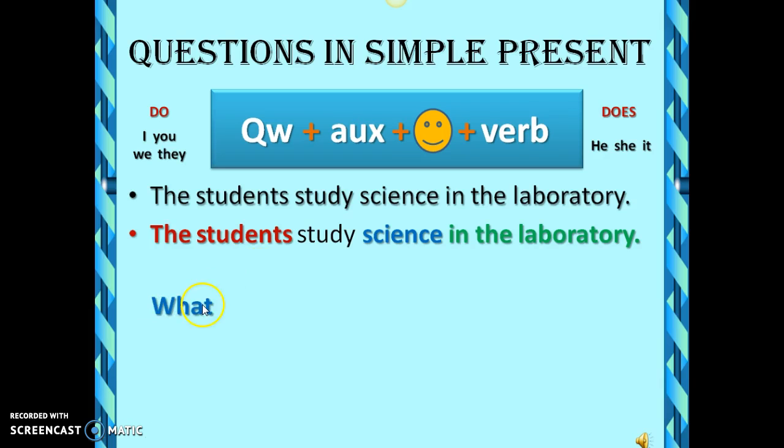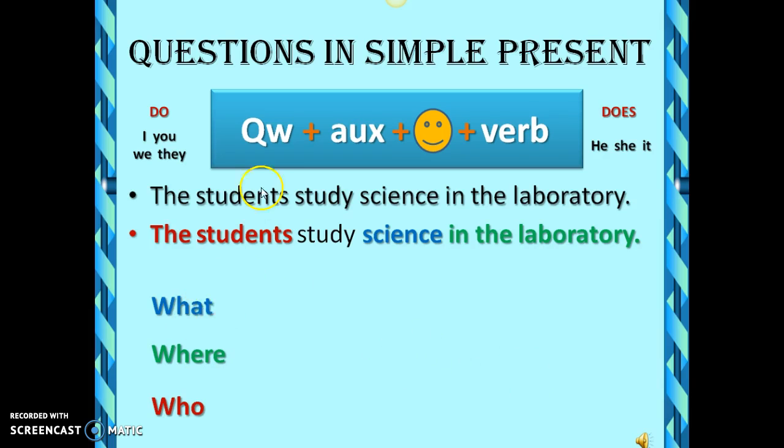What? The answer is science. Where? In the laboratory. And who? The students. As you can see, each question word has to be with a part of the sentence. And I put a different color so you can recognize it.